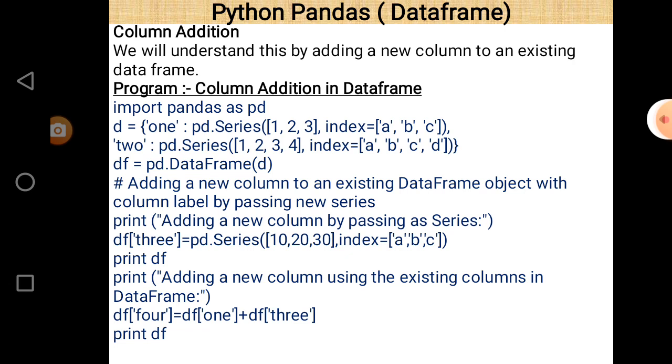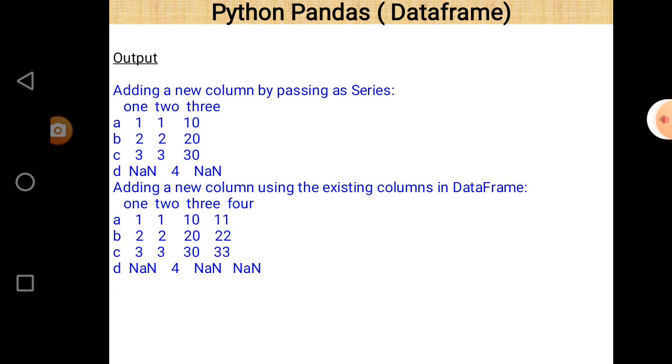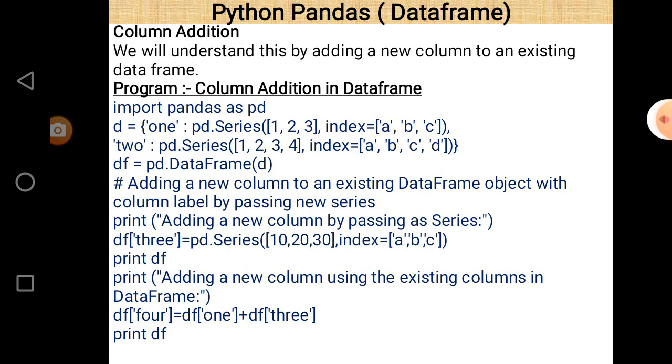After that there is a small print statement here, and let us see its output. It is in output: adding a new column by passing a series. So 1 2 3, there are three columns here, and let us see the program in which we add a column named 3.